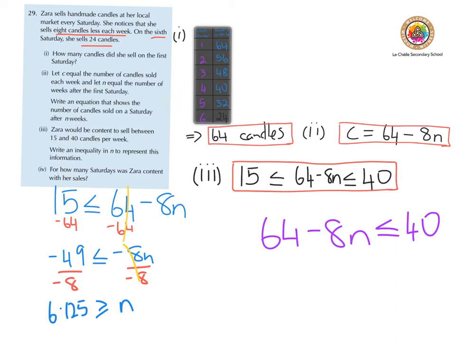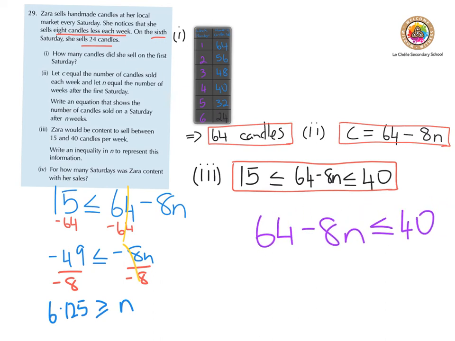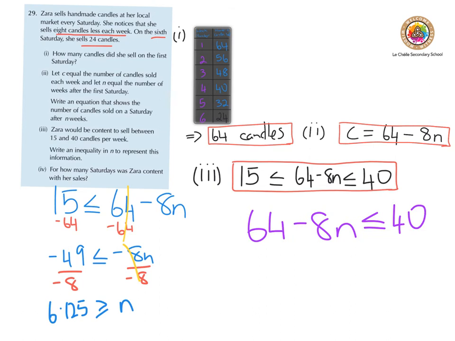Similarly, with this inequality, I'm going to have to first subtract 64 from here. So minus 64, minus 64. That leaves me with minus 8n is less than or equal to, and sorry, they have cancelled, 40 take away 64, well, that's minus 24.